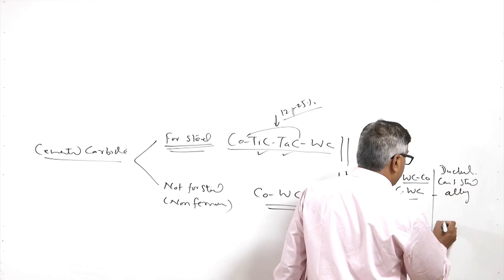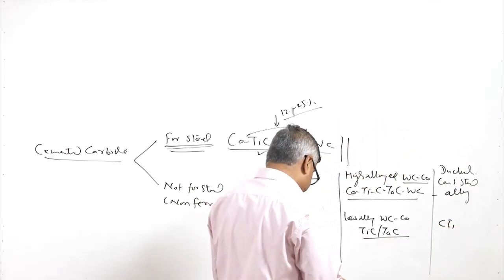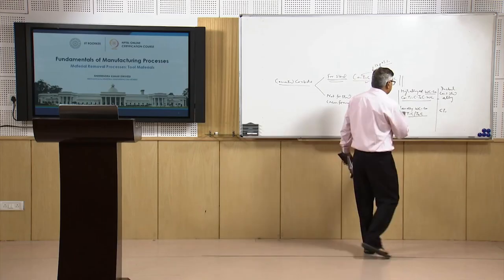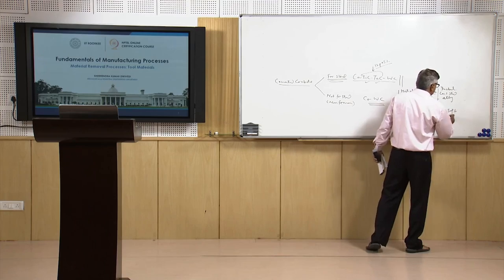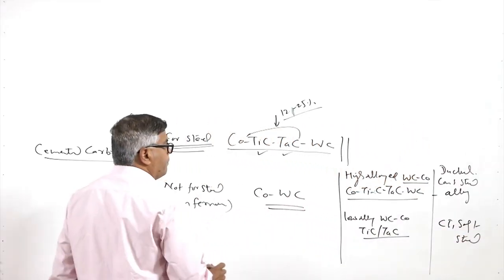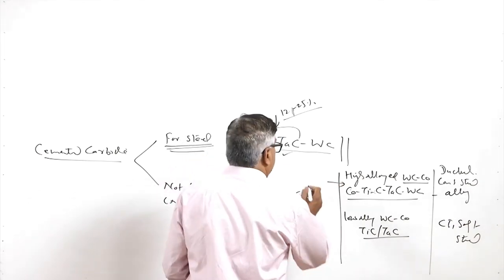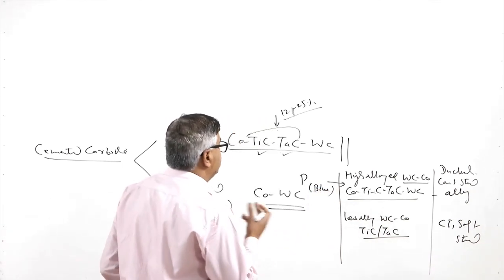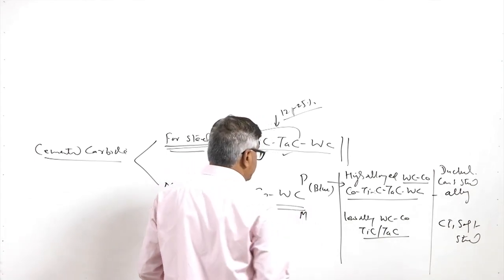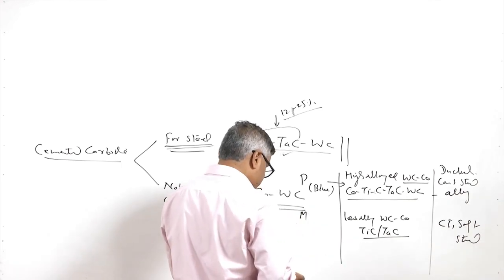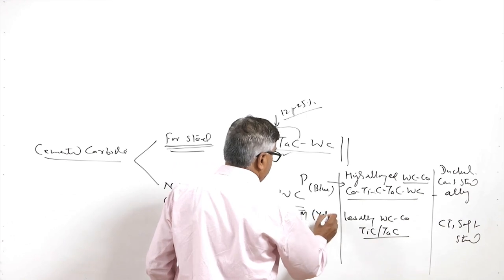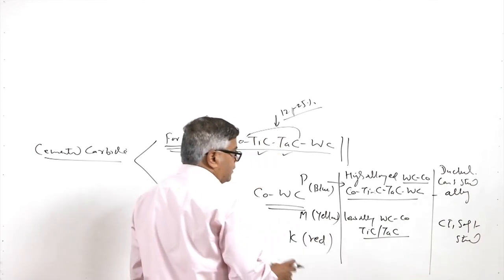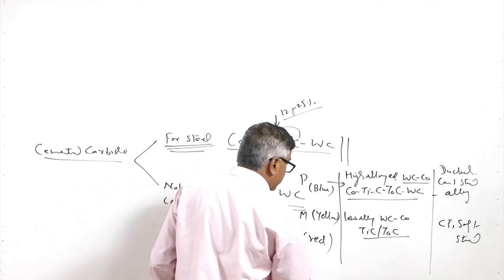These are used for machining of cast iron, as well as somewhat soft grades of steels. The high alloyed cemented carbide inserts are represented by the letter P, and coded by the blue color, while the M code is used for the low alloyed tungsten carbide cemented carbide inserts, and it is coded with the yellow color, while the K letter is used for the cobalt based inserts, which are used for the non ferrous metals, coded with the red color.